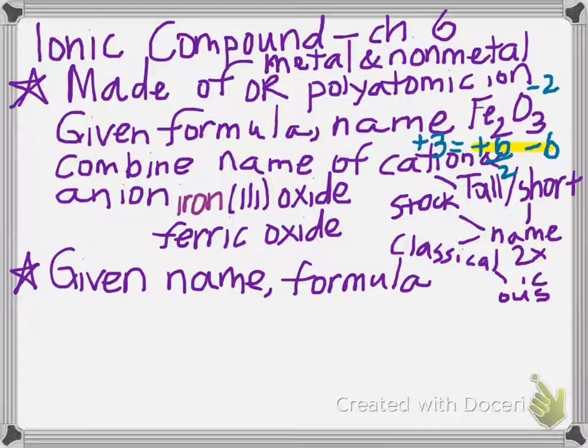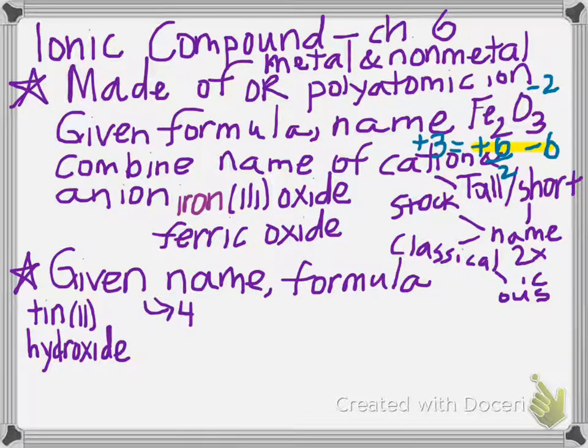So we'll do that same example I had, tin 2 hydroxide. And this is where you had those 4 steps. Hopefully you remember those 4 steps. I don't have room to write them all down, but they should be automatic here. Our first step is we write our symbols.